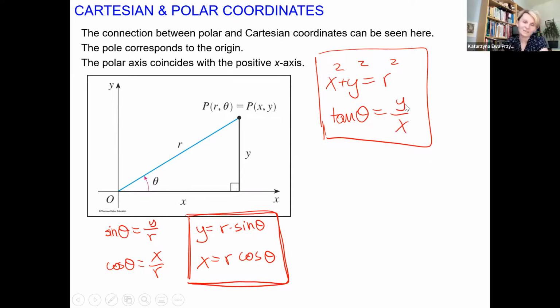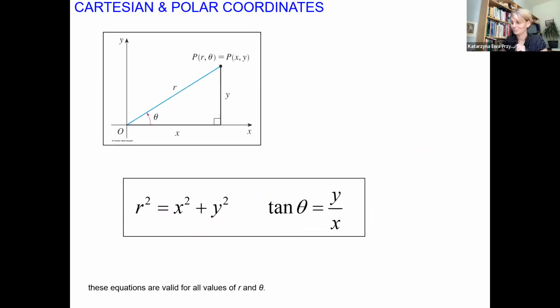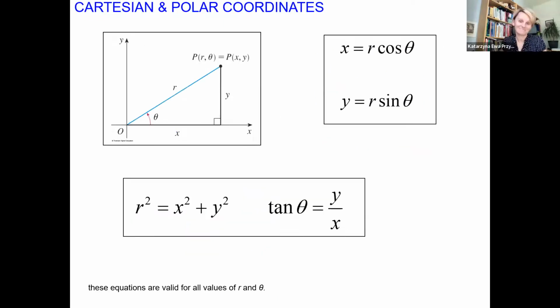As soon as we have tangent theta, we can find theta. Okay, that's the 4 equations that we must know. You may put them on your little formulas page. We have to know them. We can probably create different versions, but that's the equation. Okay, let's keep working. Now let's convert.